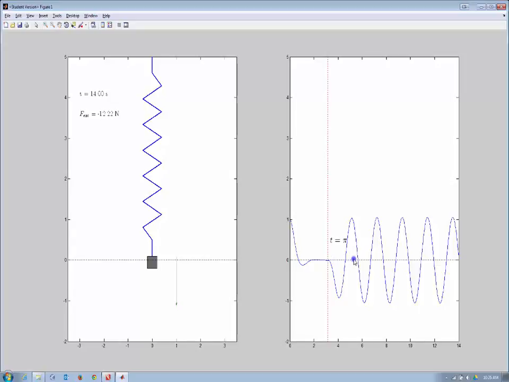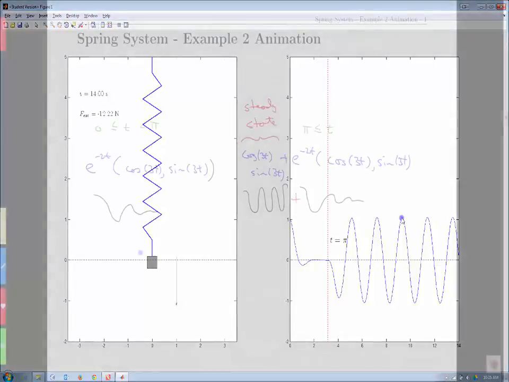After about time 5, 6, the oscillations are basically those of the steady state, and the exponentially scaled ones, the e to the minus 2t cosines, aren't visible, don't play a major role in the actual simulation or predicted motion of the mass. So that's the simulation result, a very quantitative presentation of what our functions look like.